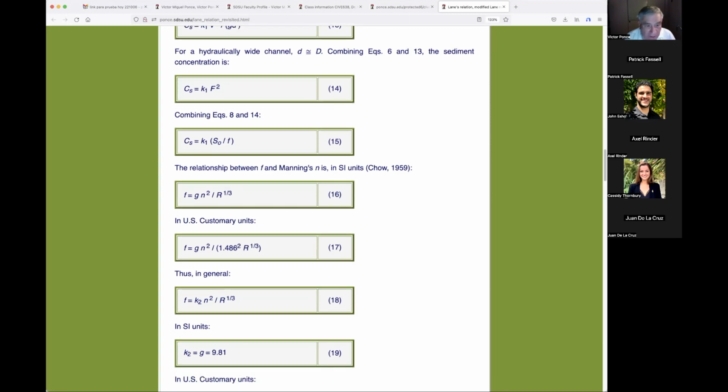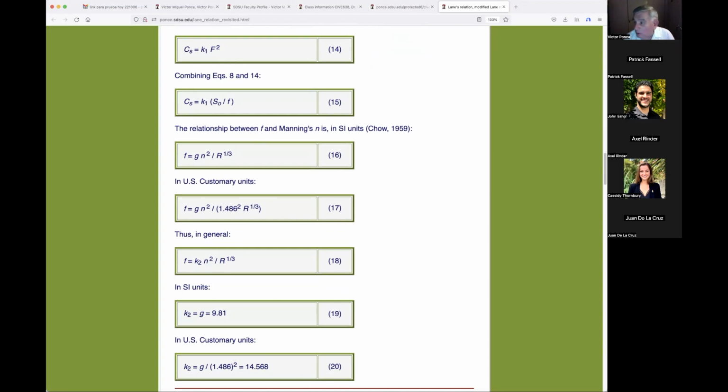We need to handle both US customary units and SI units. US customary is feet-pound in US usage, and a few countries in the world still use it. The rest of the world uses the SI system, where SI stands for System International.